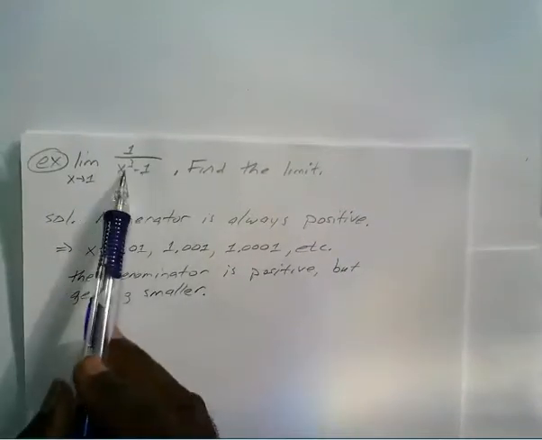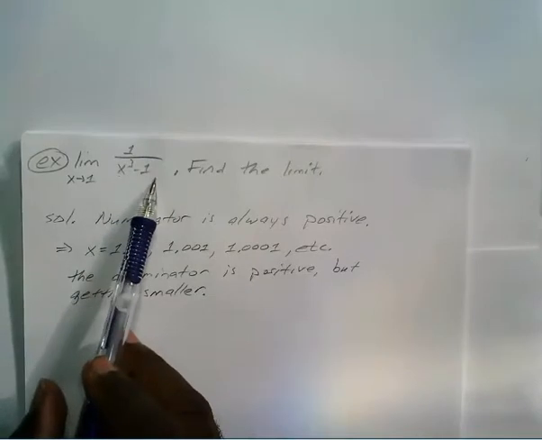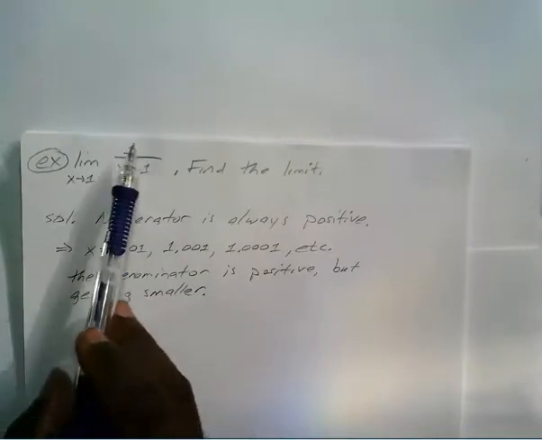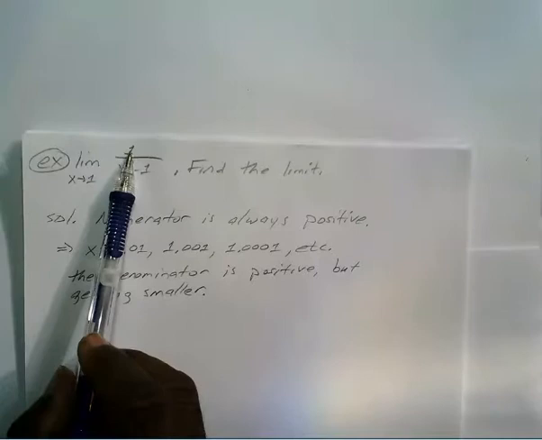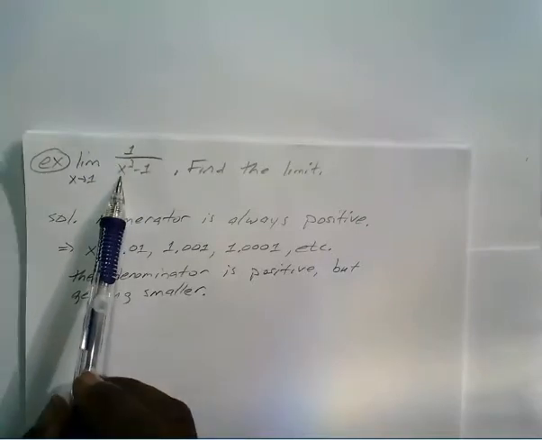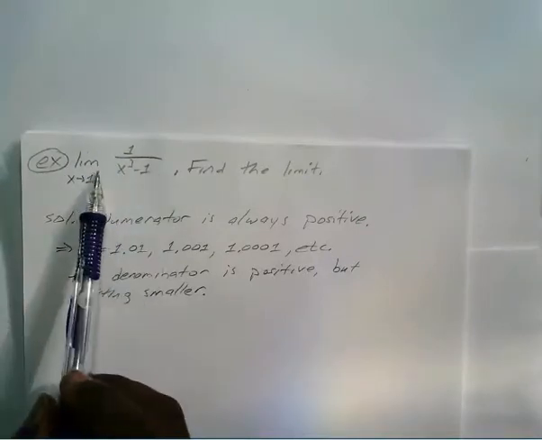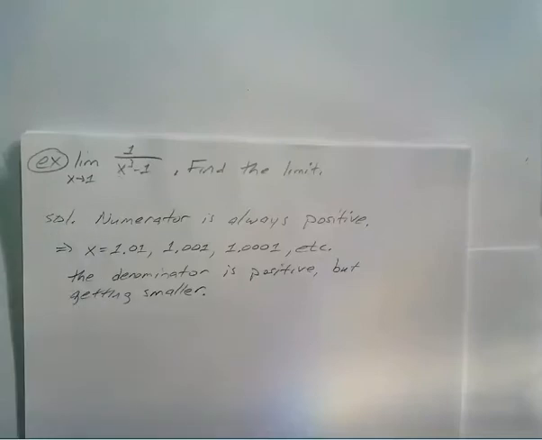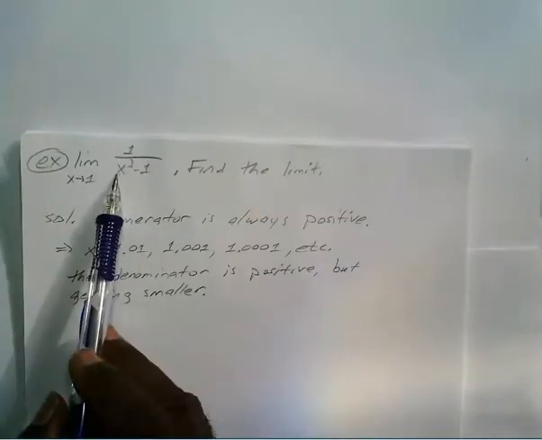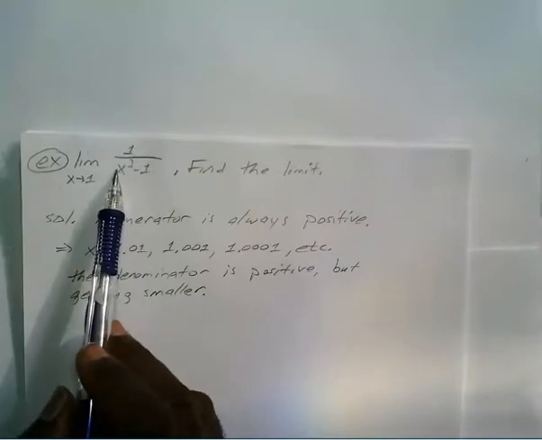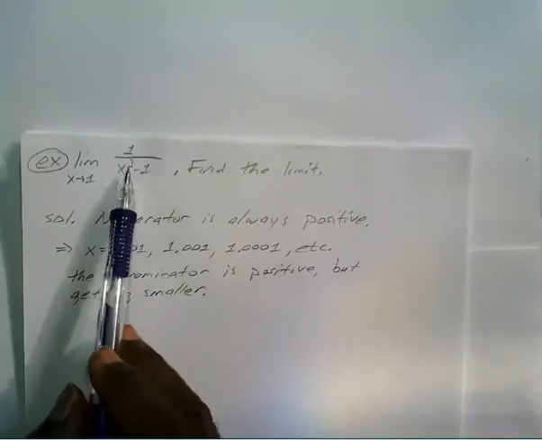Okay, now your denominator is getting smaller and smaller, but with that constant staying the same up top and your denominator getting smaller and smaller, your limit itself is actually getting bigger and bigger. So you have a constant over a number that's getting smaller and smaller.